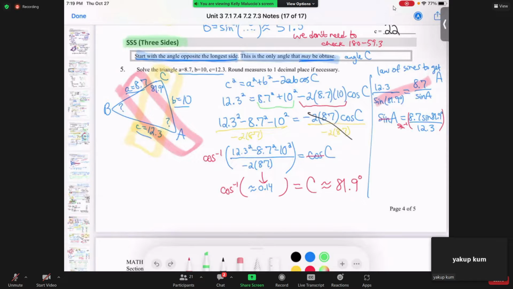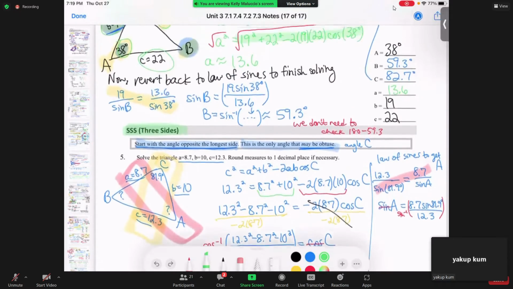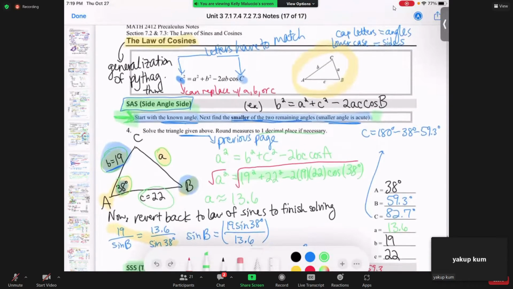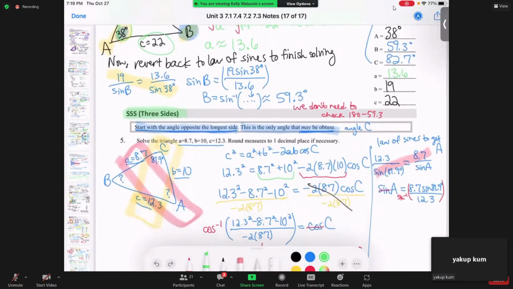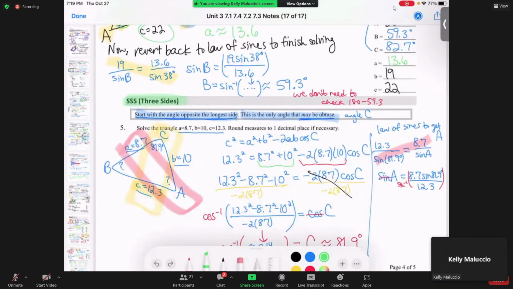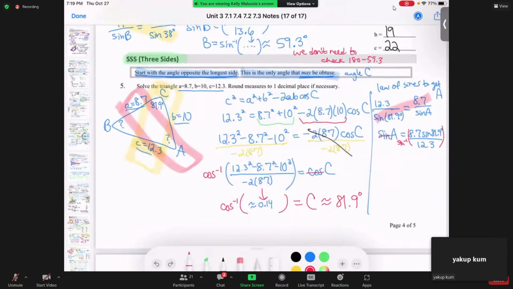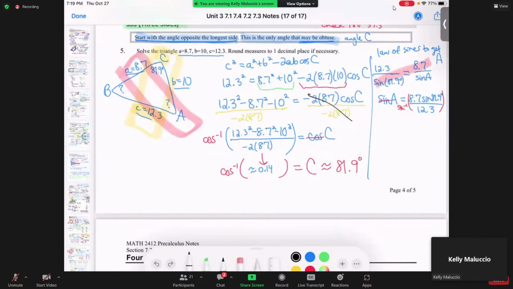I was just looking for the formula that is in the book. It says cosine angle C equals a squared plus b squared minus c squared over 2ab. It just switched the negative. Yeah, that's fine. So what Jakob is saying is that in the book, they say cosine of C equals a squared plus b squared minus c squared over 2ab.